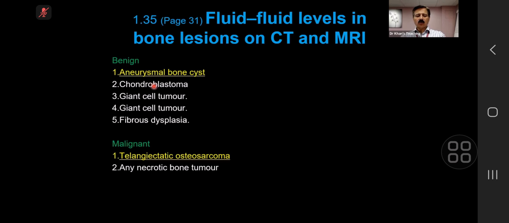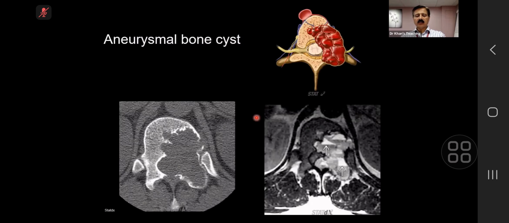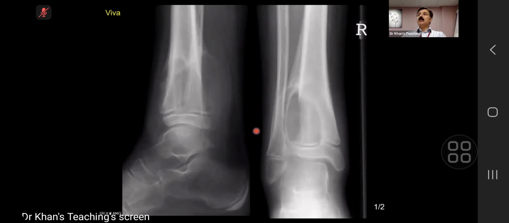Aneurysmal bone cyst, chondroblastoma, giant cell tumor. Oh, sorry, there is a typo here. Now, what you should be worried about is telangiectatic osteosarcoma. I'll come back to this point, and this is your last film, and then number 5 should be ready after you. Over to you. This is a very good case.